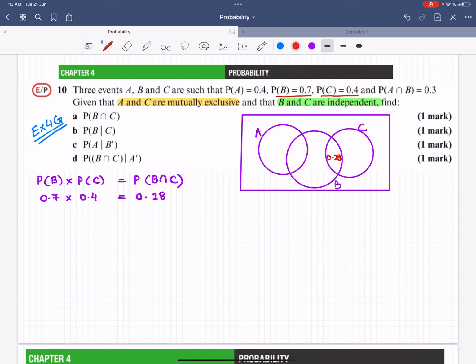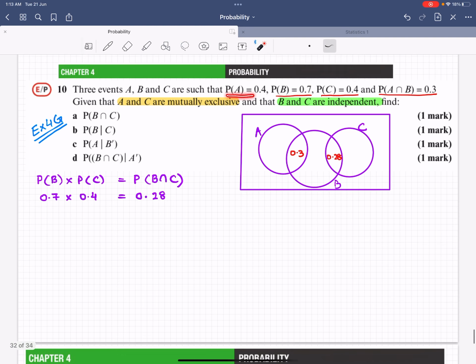0.28. It's also given in the question that probability of A intersection B is 0.3. So we can fill up that 0.3. Now we know that probability of A is 0.4. Therefore the entire circle of A is 0.4.